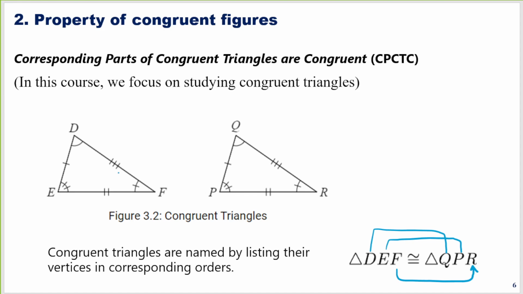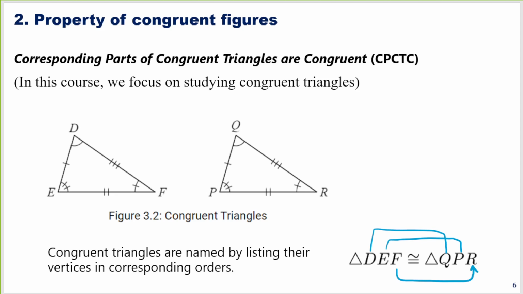Usually, we list each of the congruent triangles in this way, and then you can see which point is congruent with the other point, right? Any questions? Again, the property is pretty straightforward, right? Congruent parts of congruent triangles are also congruent, CPCTC.